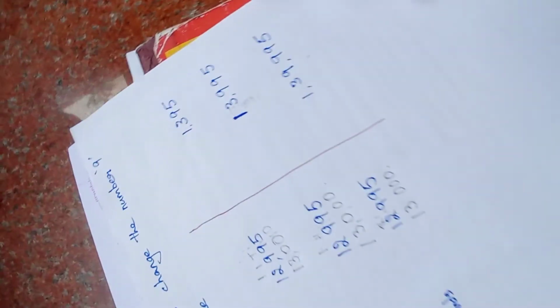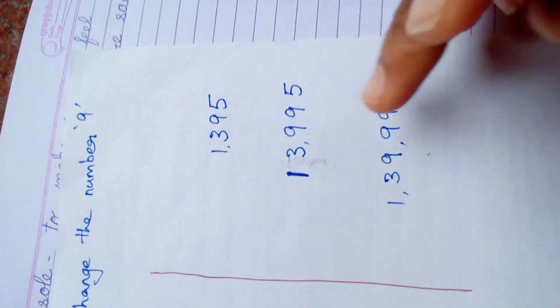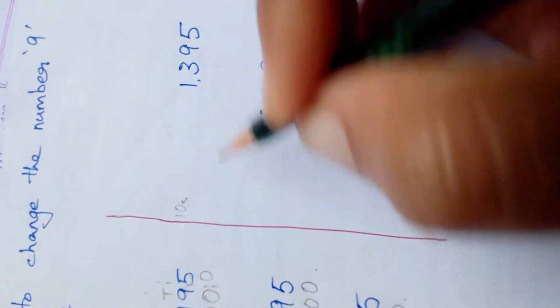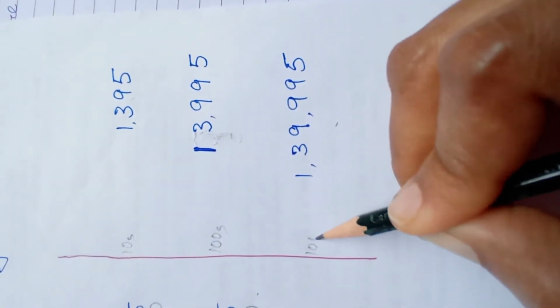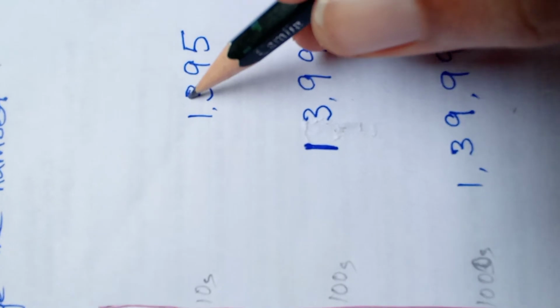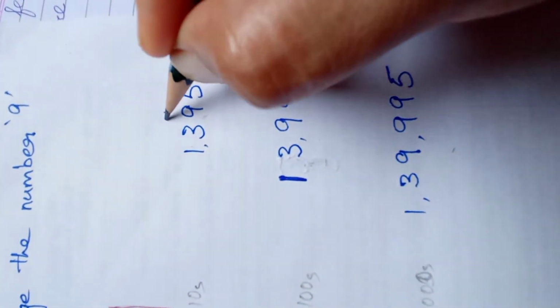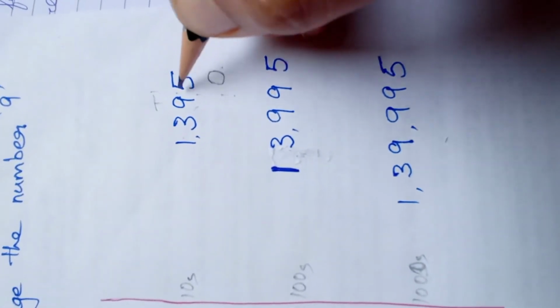Okay, and for further example, I have taken this number. Let us do this. So this you have to round in tens, this one in hundreds, and this one in thousands. Okay, so first when you are rounding off the tens, you have to locate the tens, put a small partition, 0 beyond that.